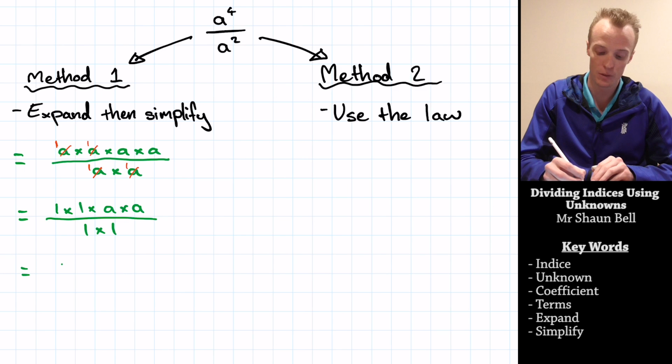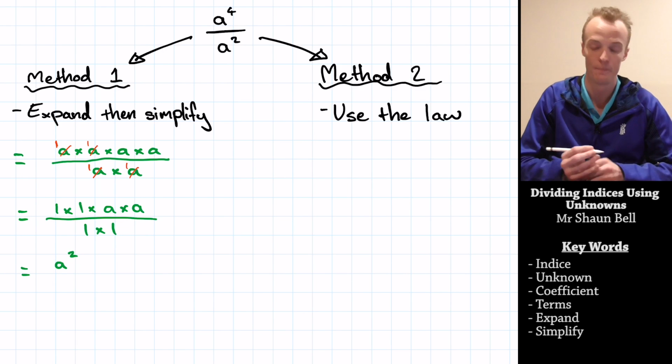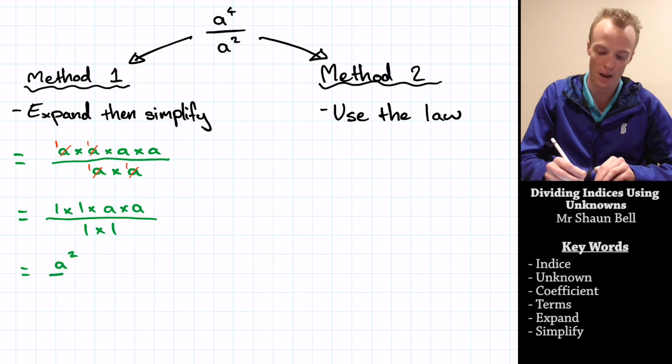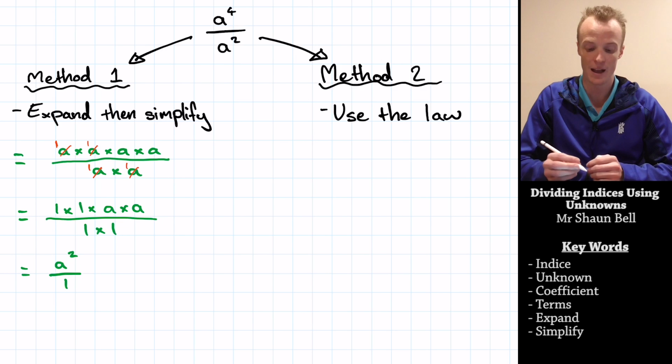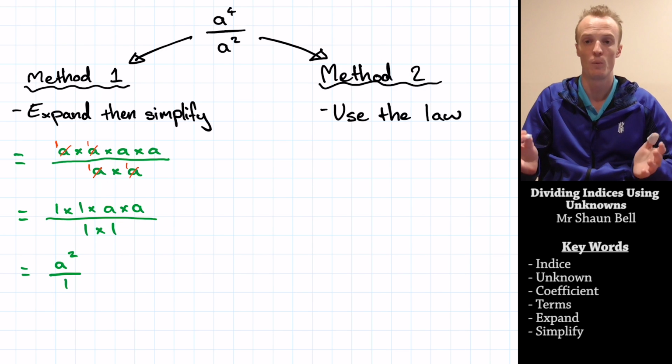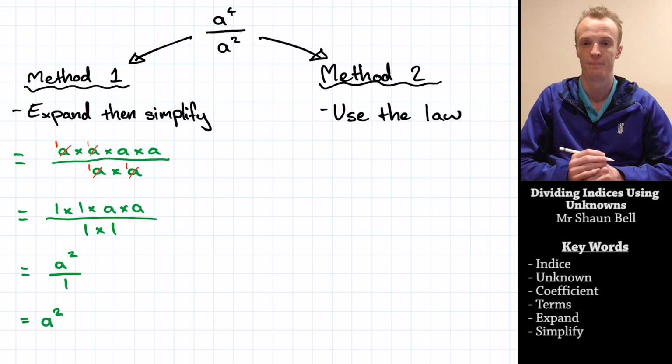So it's going to be equal to a times itself, or a to the second power. And that's going to be divided by 1 times 1, which is 1. Now you'll notice here I've got a to the second power divided by 1. But what is anything divided by 1? It is itself. So this is going to be equal to a to the second power.